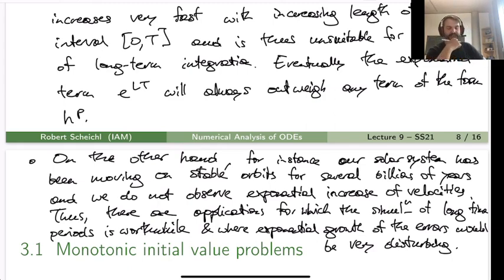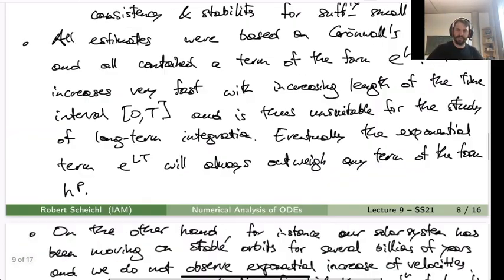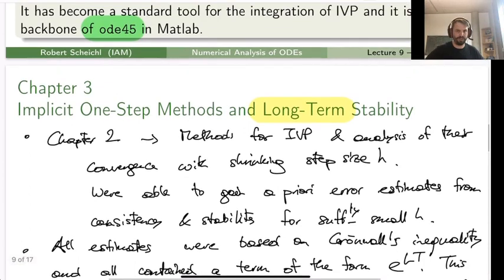This chapter now studies conditions. So these are now conditions on the differential equations that we want to exploit. It's not true for every differential equation. In general, the results that we showed in the previous chapter are true.